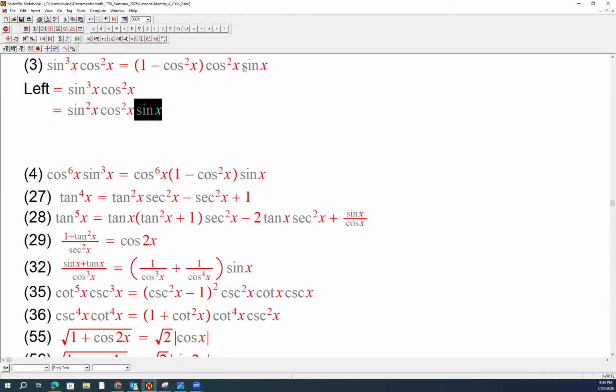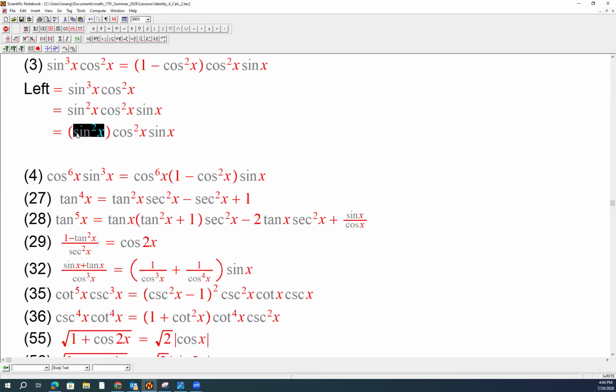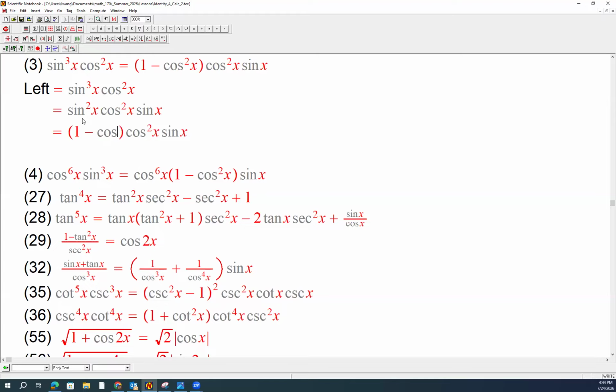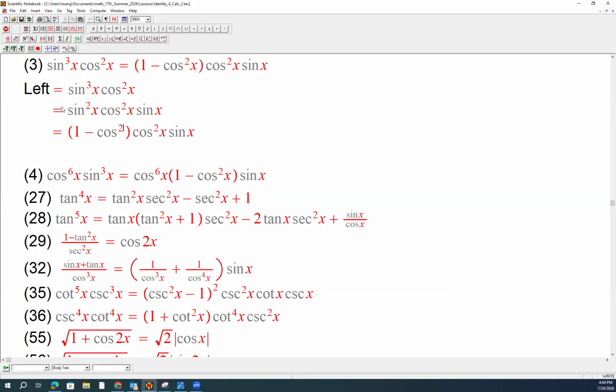So sine x will be the last, and everything else turns into terms of cosine. So we just have to represent sine squared, right? This piece will be substituted by 1 minus cosine squared x. So I hope that's pretty easy, clear for you. And we're done.